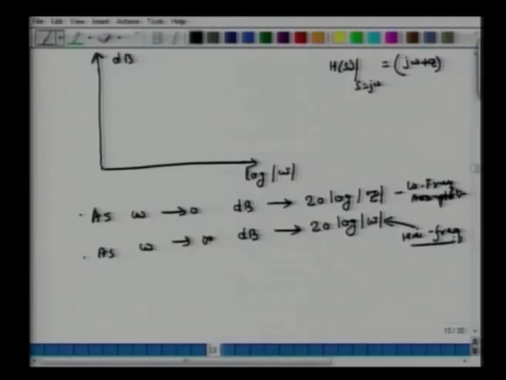So, the low frequency asymptote is converging to a straight horizontal line 20 log z. So, let us say that value is 20 log z, and the low frequency asymptote is a horizontal line, and that is my low frequency asymptote.